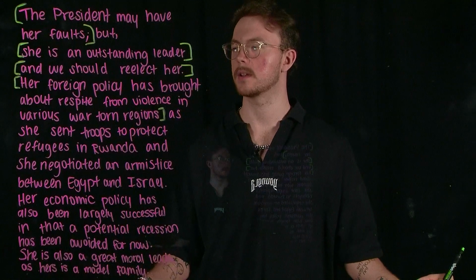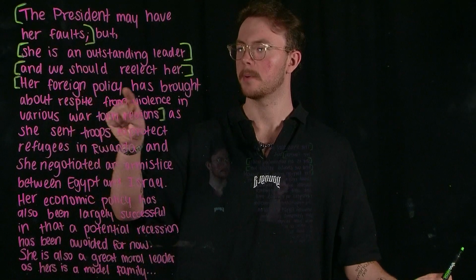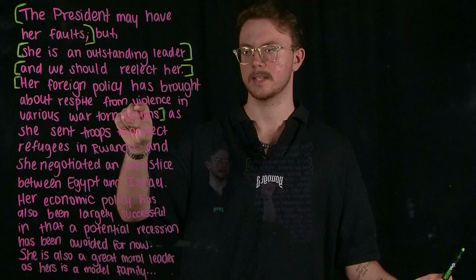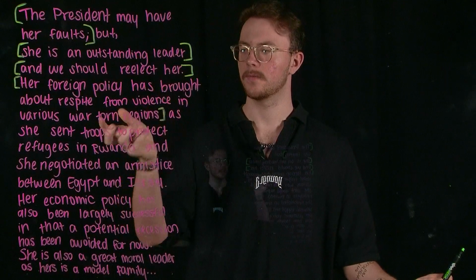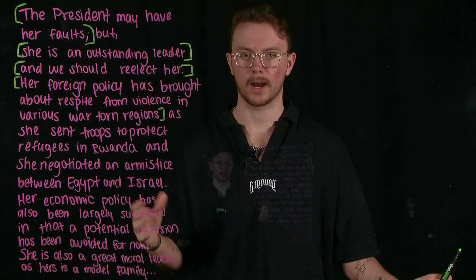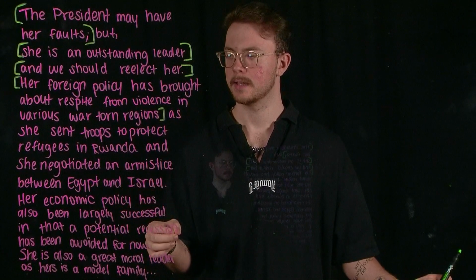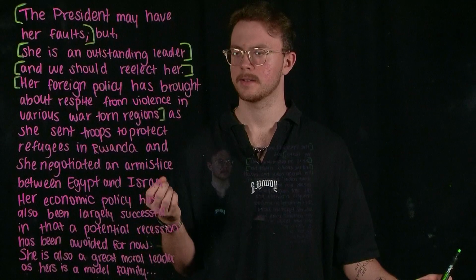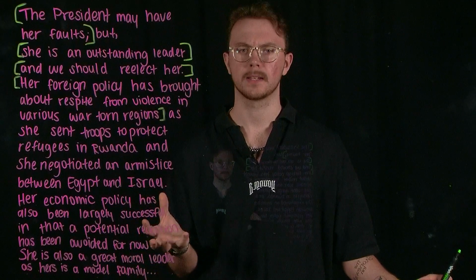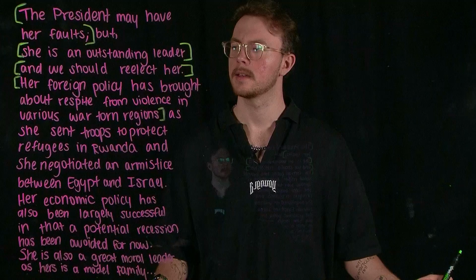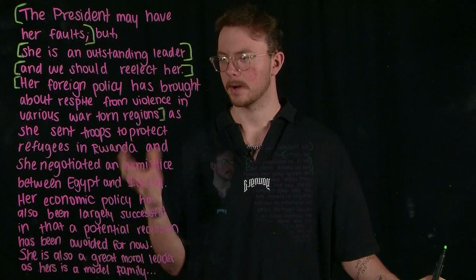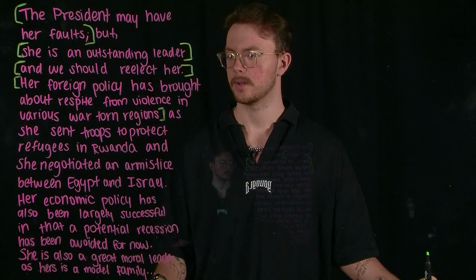There's a lot of fluff going on here. That her foreign policy has brought about respite from violence is really the claim. In various war-torn regions is just describing where she's brought this respite from. Respite meaning like freedom or cessation of struggle, to give a break. So her foreign policy has brought a break from violence in various war-torn regions.